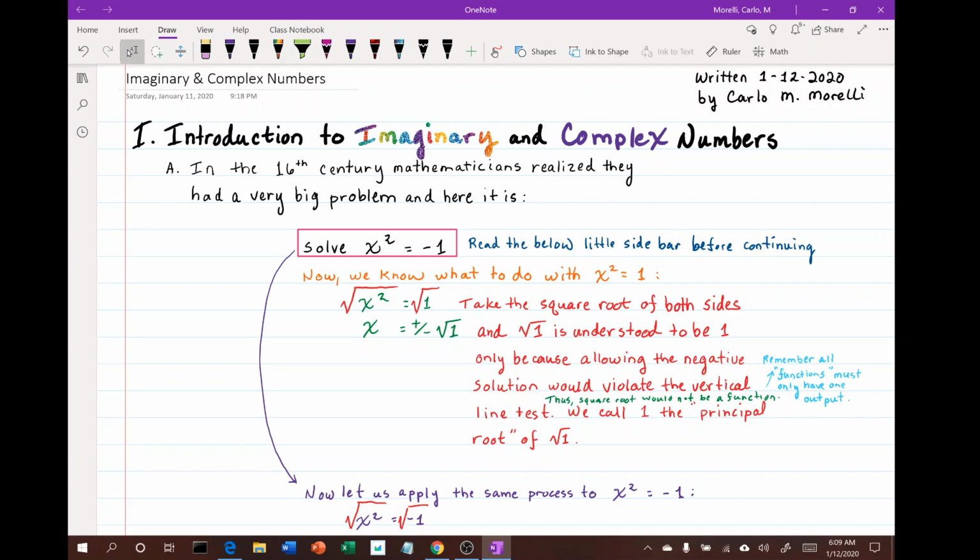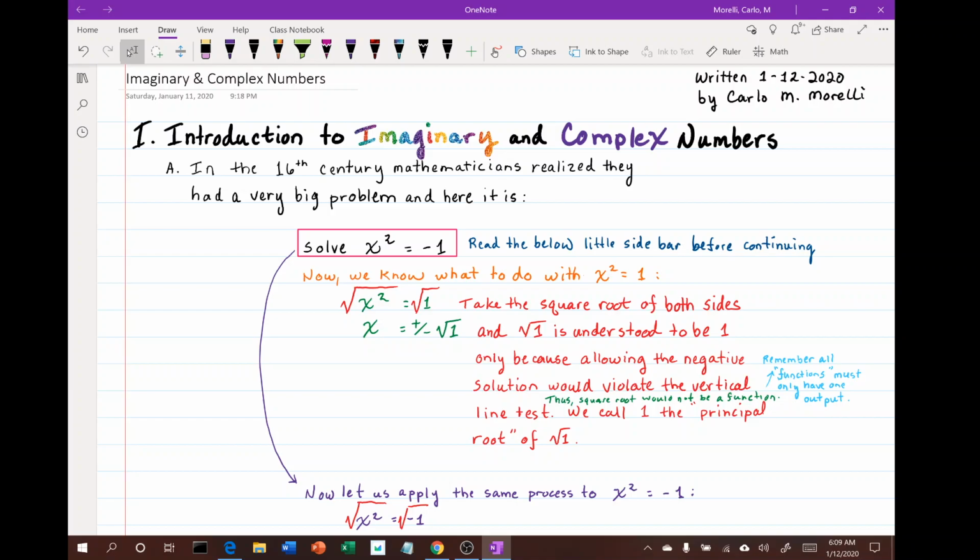Even mathematicians were extremely skeptical that these things actually existed, since up until that time, mathematics only recognized positive numbers. And so even the concept of a negative number, forget about an imaginary number or a mixture of imaginary and real numbers, they were having trouble understanding the concept of a negative number.